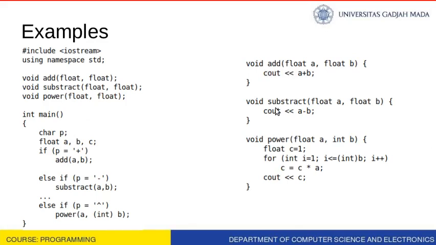But in the example of the previous video, I wrote the function before the main program. In this example, before the main program, I write the prototype function, and this is the prototype function.